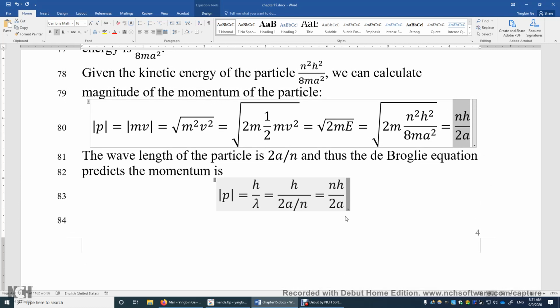And we know how to determine the magnitude of its momentum. It's nh over 2a. However, we don't know anything about the sign of the momentum. p can be plus or minus nh over 2a at the same time. So this particle can be moving towards left and right at the same time.